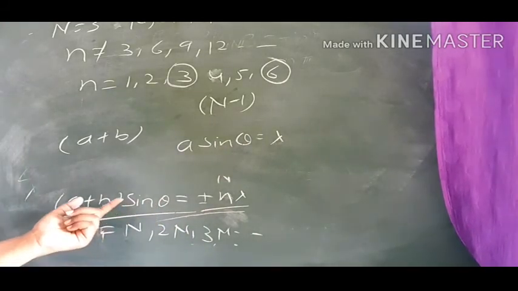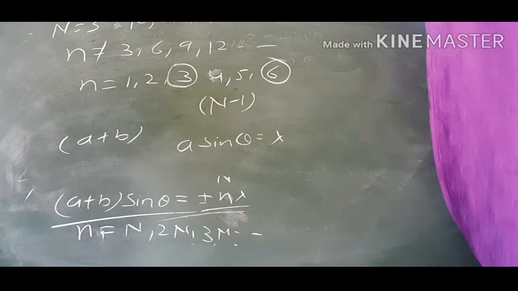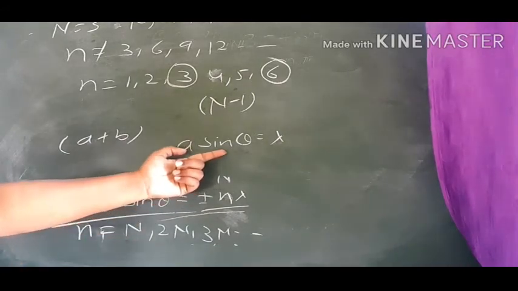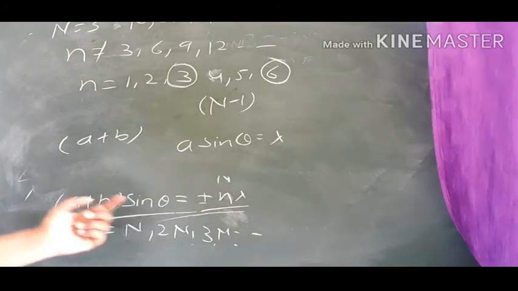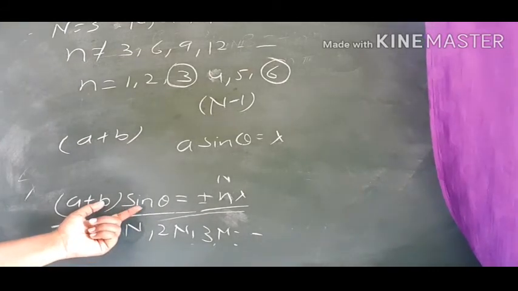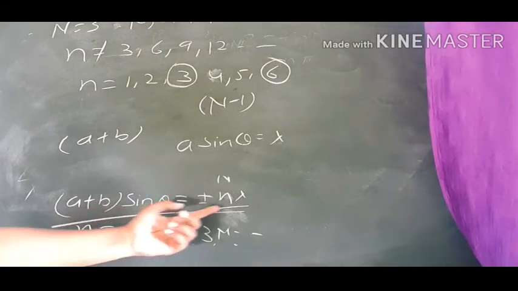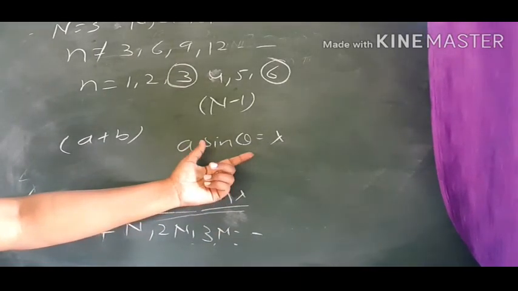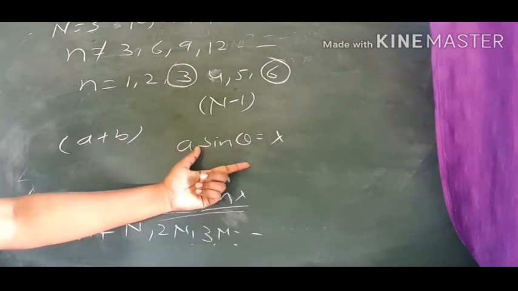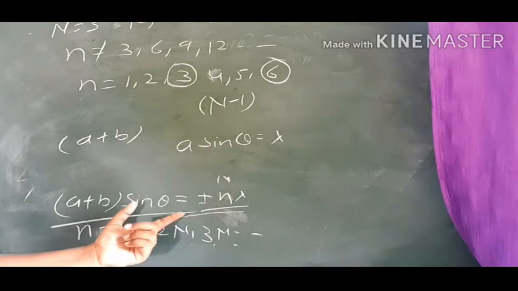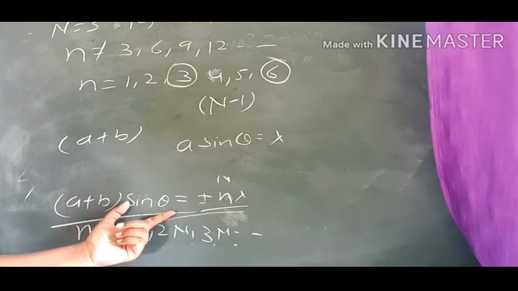This is the condition for maxima for interfering rays. In case of interference, this is the condition for maxima, and this is the condition for minima due to diffracted rays.